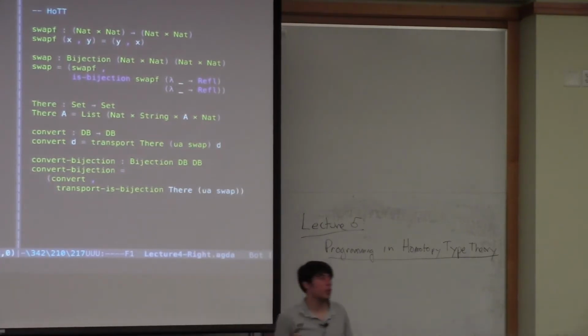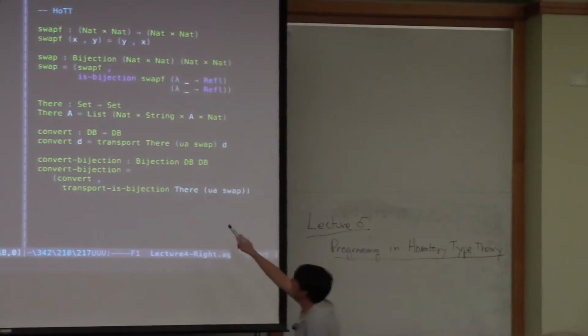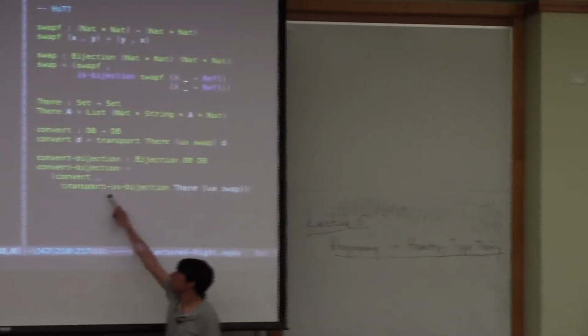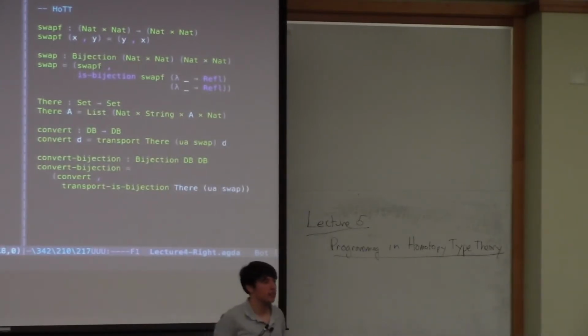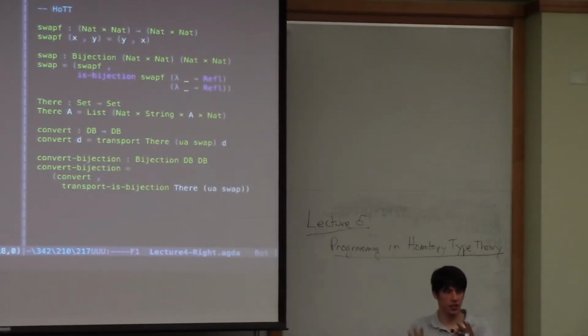And I'll need to explain to you what transport and UA are. And convert is a bijection is the same proof as before, except here we say that transport is always a bijection instead of saying that map is a bijection. OK, so questions about that bit of it or how the two line up?